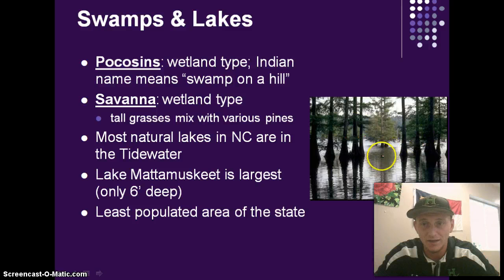Savanna is this wetland type: tall grasses with various large pines, which are pretty much pine trees in the water. Most natural lakes in North Carolina are in the Tidewater. There's a difference between a natural lake and a man-made lake. Natural lakes are formed naturally, obviously, and the others are man-made. Lake Mattamuskeet is your largest natural lake in North Carolina.